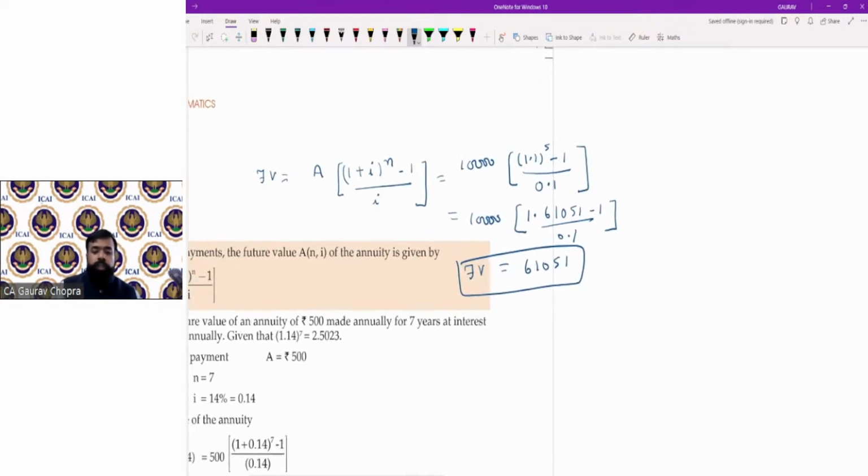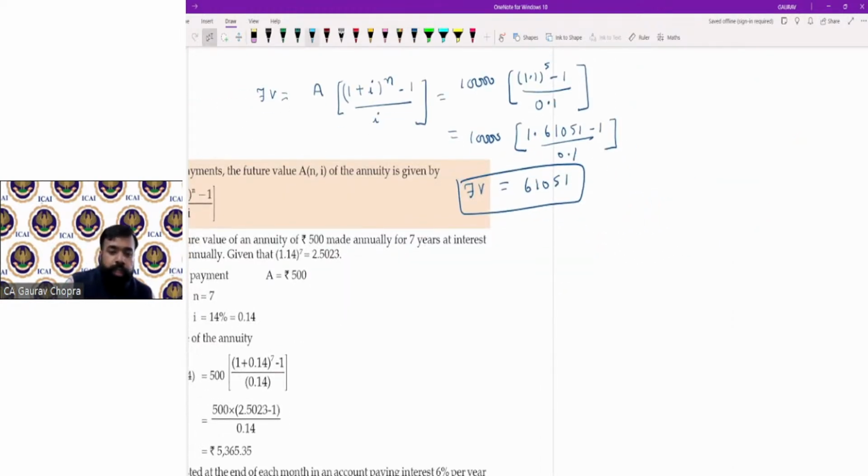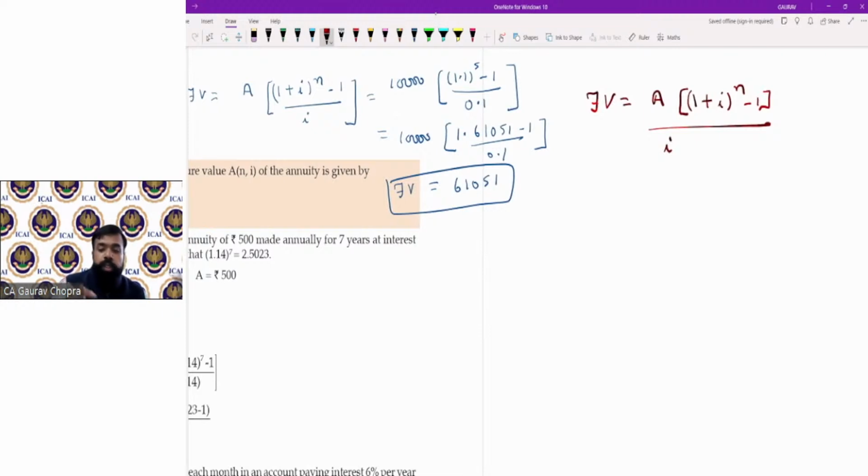Now, if you see this formula carefully, future value is equal to A, then 1 plus i whole to the power of n minus 1, and then upon i. So this portion is basically the formula of effective rate.